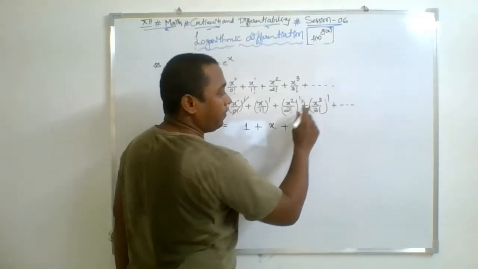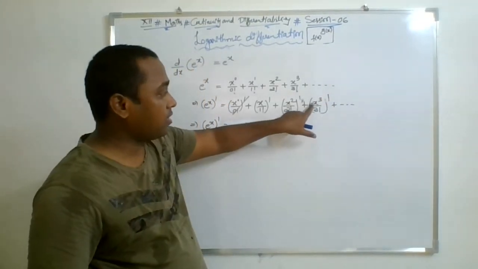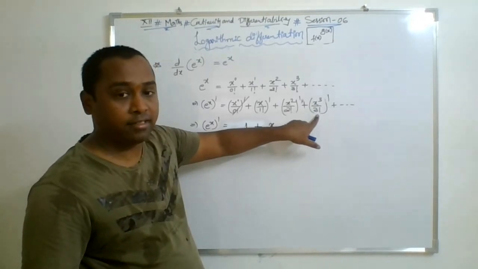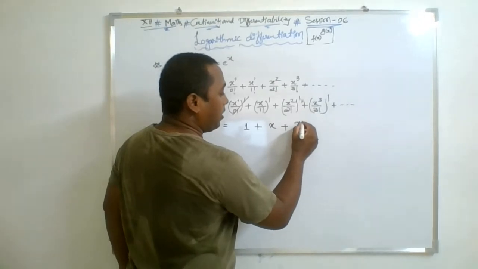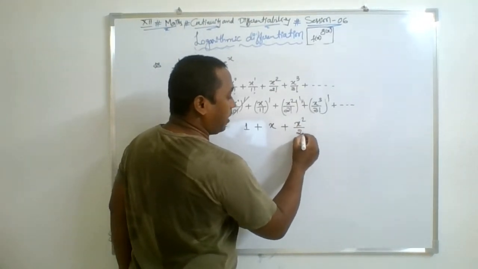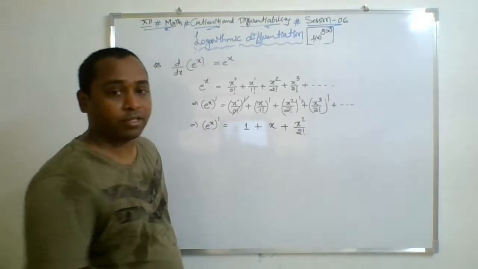The derivative of x cube is 3x square, and here 3 factorial means 6. Hence, after cancellation, you are getting x square by 2 factorial.